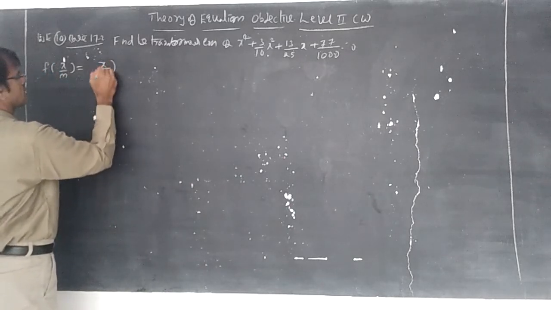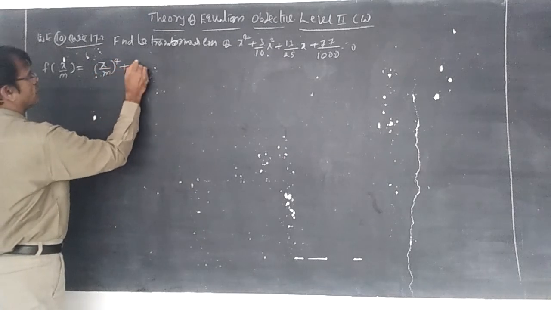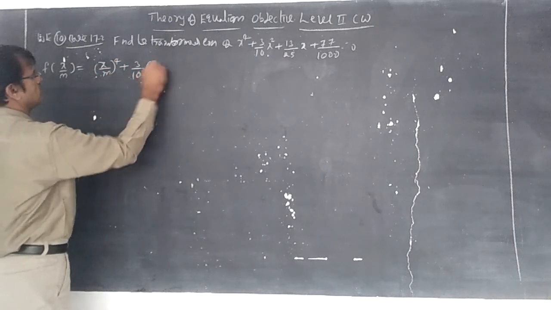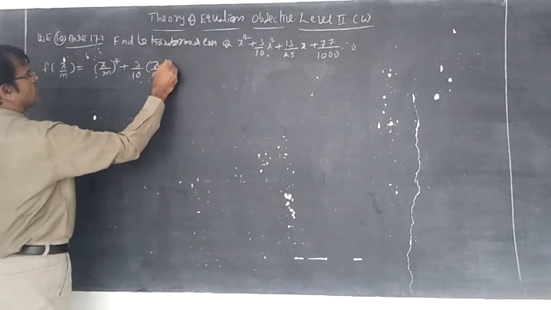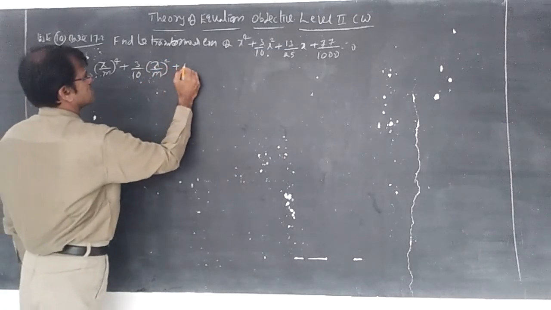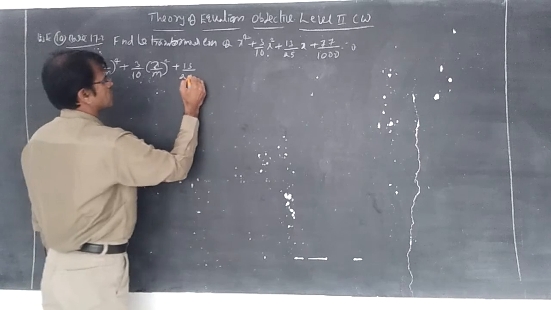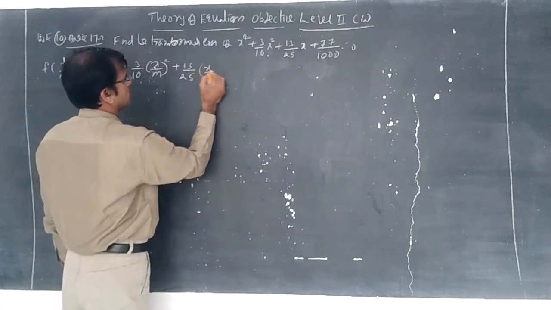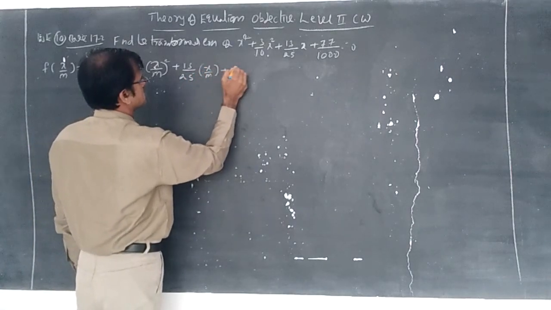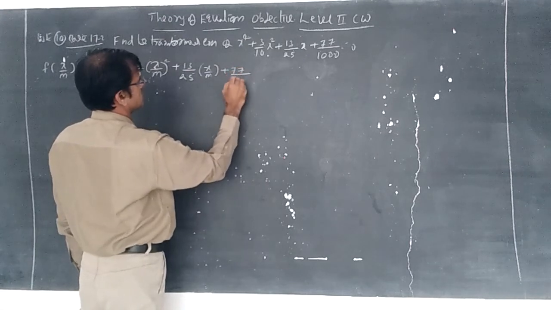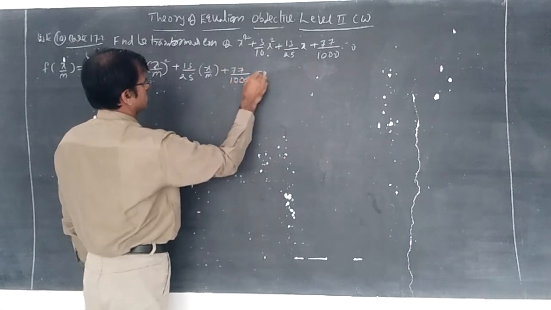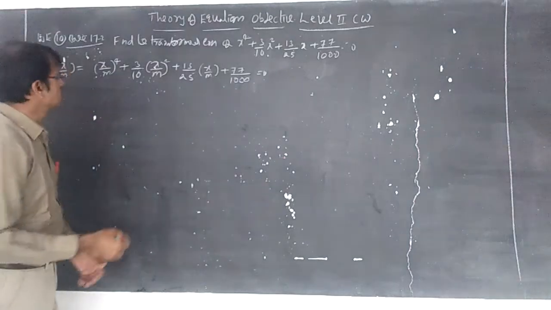Right here, x by m whole power 4 plus 3 by 10 into x by m whole square plus 13 by 25 into x by m plus 77 by 1000. That's all. There is no x by m in the last term because there is no x.